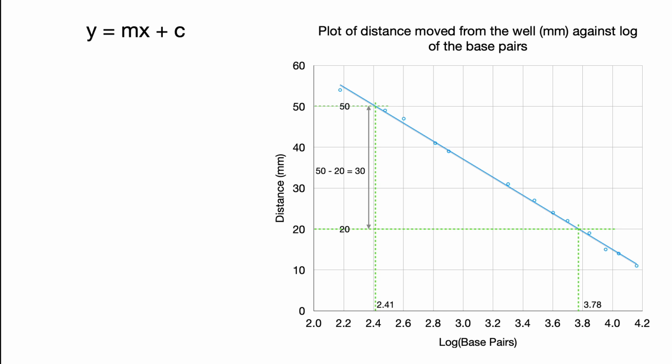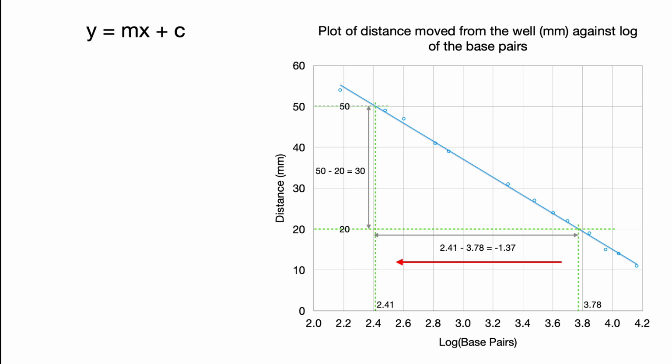I can then say that the distance travelled, this distance here, is 2.41 minus 3.78, which gives me a value of minus 1.37. The reason this is a negative value is because we're effectively travelling backwards across the graph. We're going from right to left.